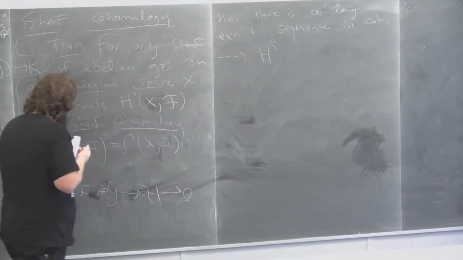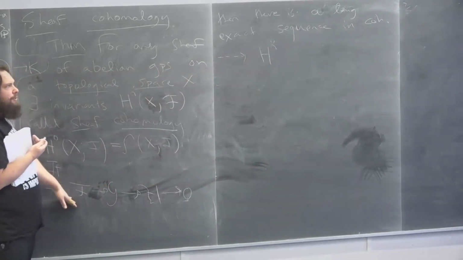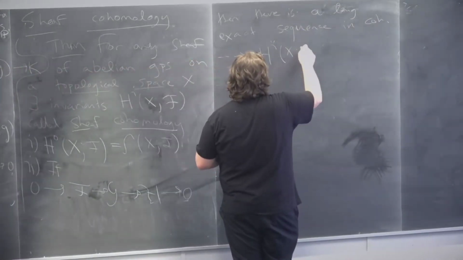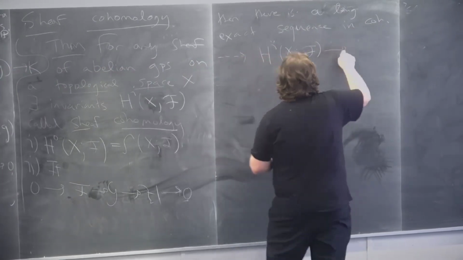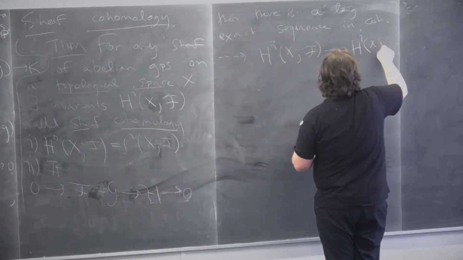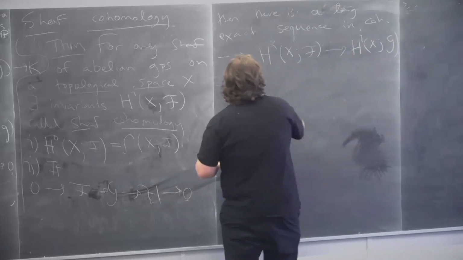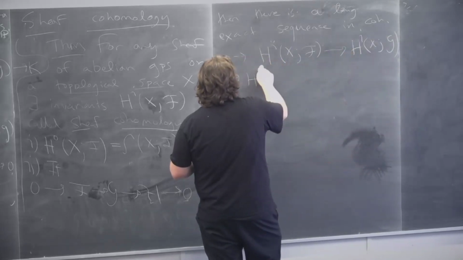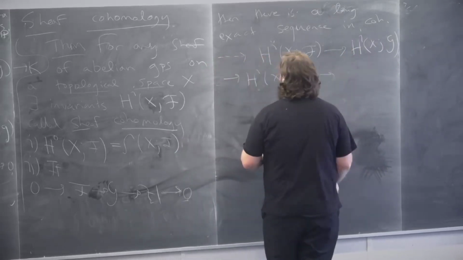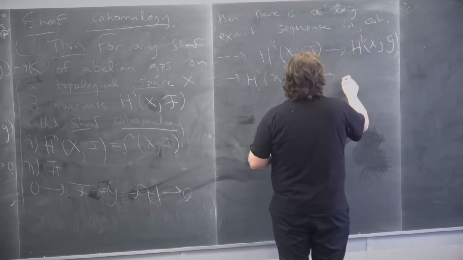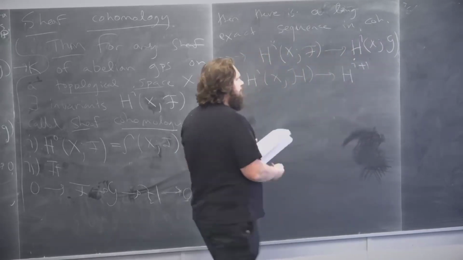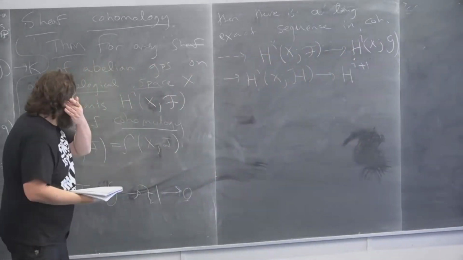The way to remember this is, you know which way the maps go on sections. Since these are a generalization of sections, I should be getting H^i of F goes to H^i of G, goes to H^i of H. And then it continues, but I increase the index.